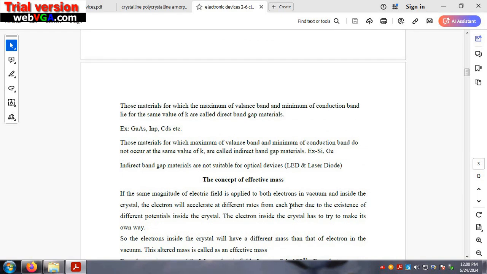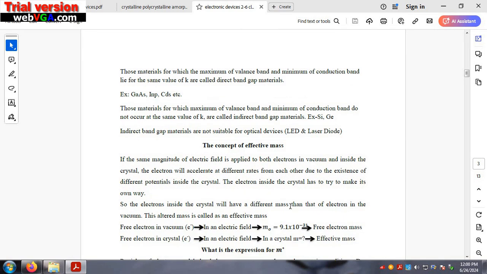The concept I already told you, that m asterisk is nothing but the effective mass. Now the mass is already known to us, but what is that effective mass? Consider electrons inside a crystal when an electric field is applied. The case is different when the electrons are inside the crystal and when the electrons are in the vacuum.